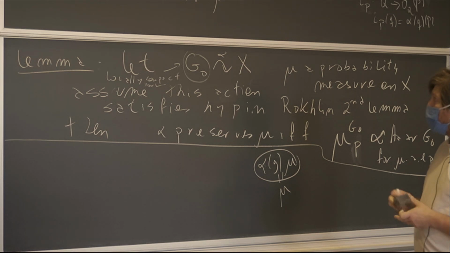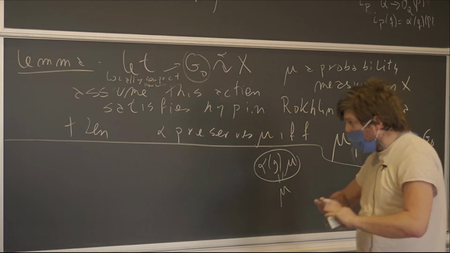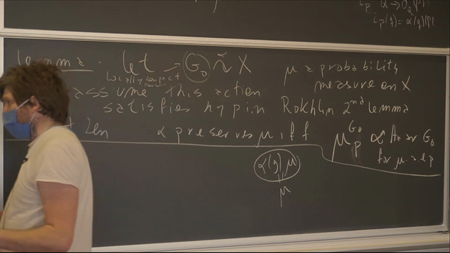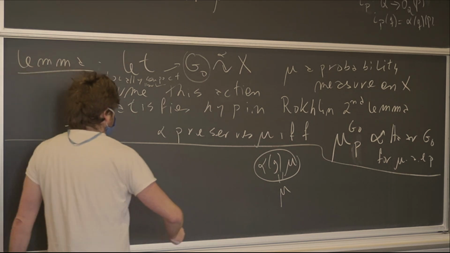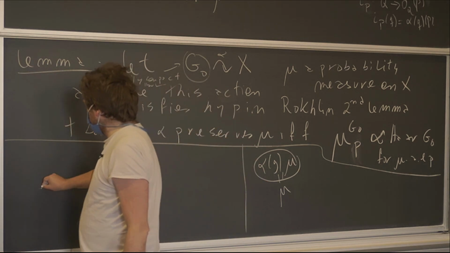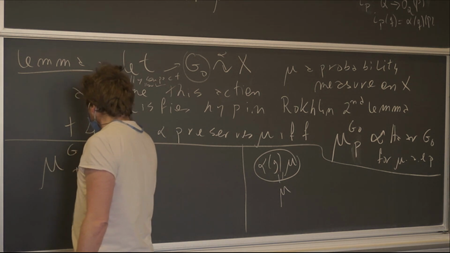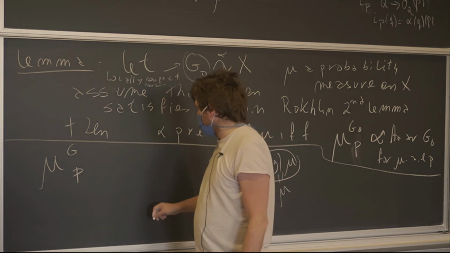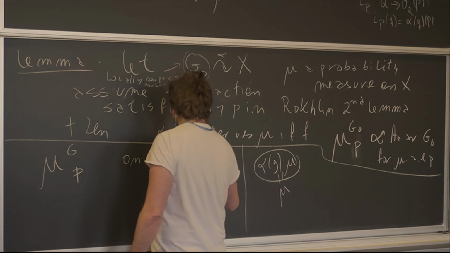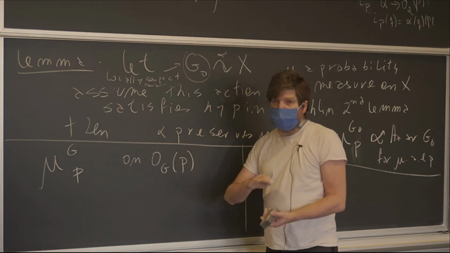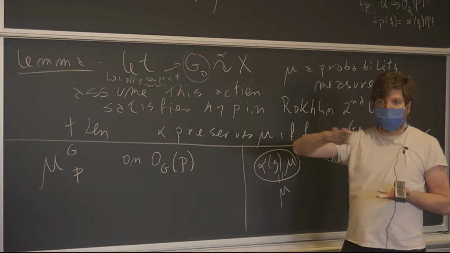Anyway, this tells you that we have Haar along the Q orbit. Which means that when I take these measures on the G orbit of P, this G orbit of P is foliated by the Q orbits.